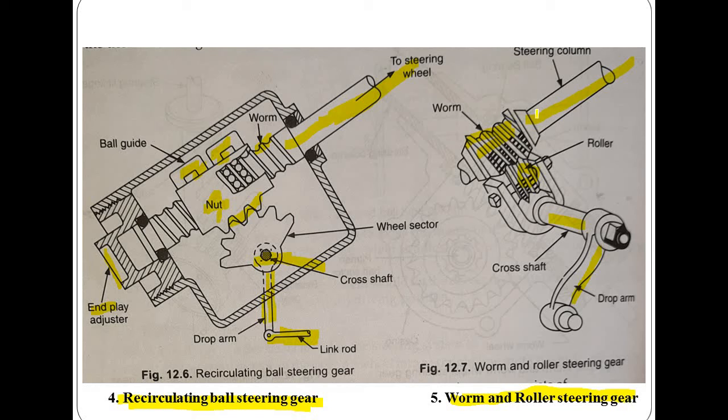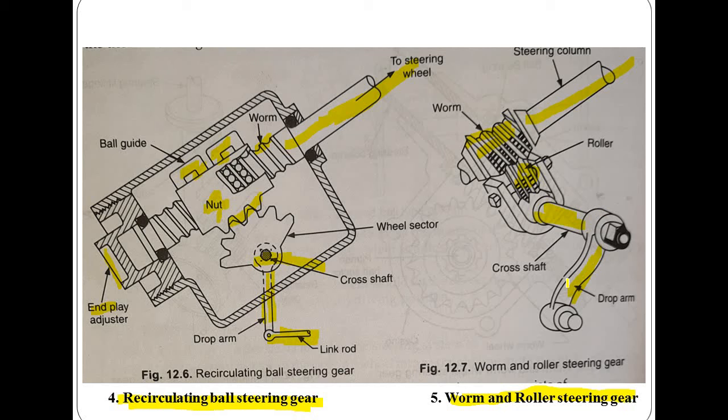Secondly, such a type of steering gear consists of a two tooth roller, this one, which is fastened to the sector or cross shaft. Then the teeth of this roller are in engagement with those of the worm.